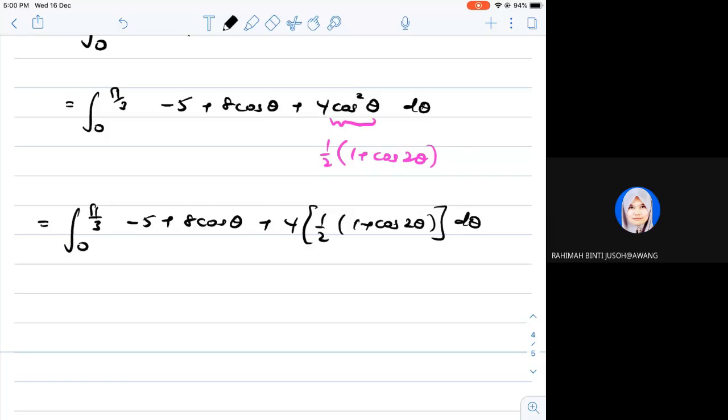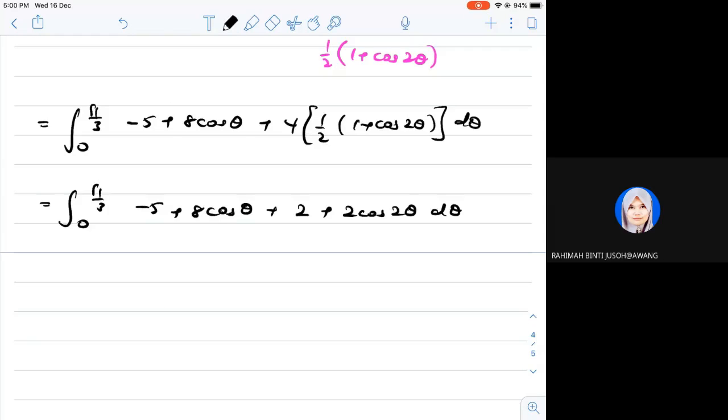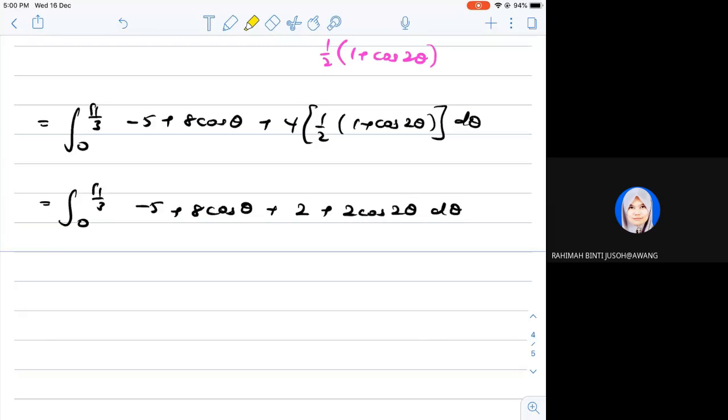So from here we can get 0 until pi over 3 negative 5 plus 8 cos theta plus 2 cos 2 theta d theta. Negative 5 plus 2 here, we will get negative 3 plus 8 cos theta plus 2 cos 2 theta d theta.